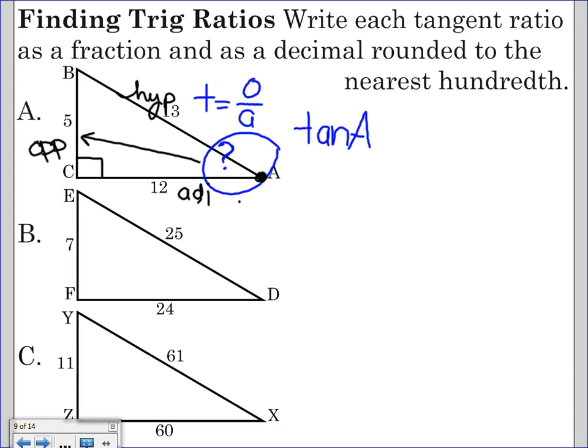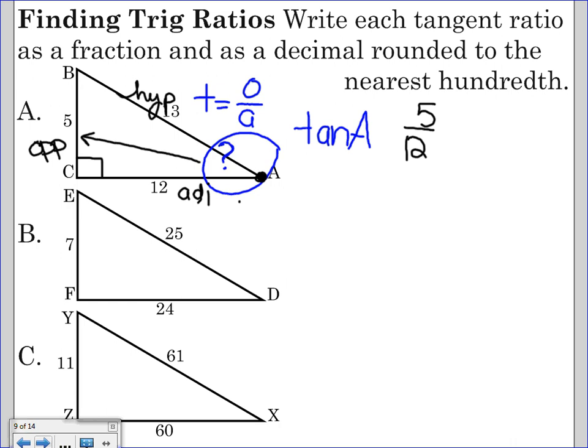So now we just plug in what we know. The opposite side is 5. The adjacent side is 12. So our ratio is 5 over 12. Well, that's it for the ratio, but it tells us to find it as a fraction and as a decimal.